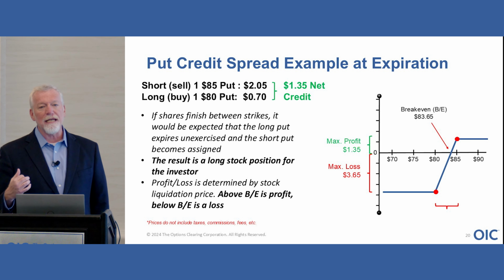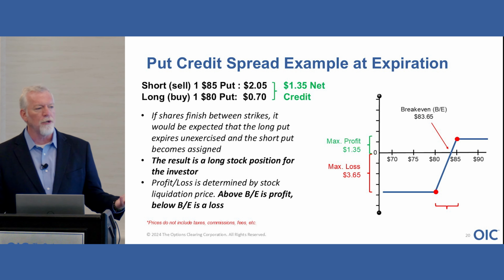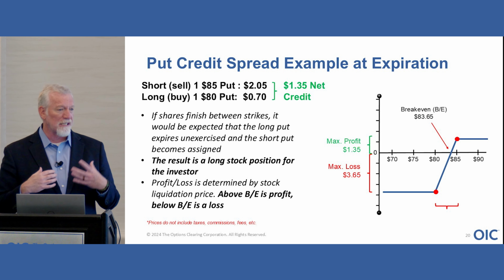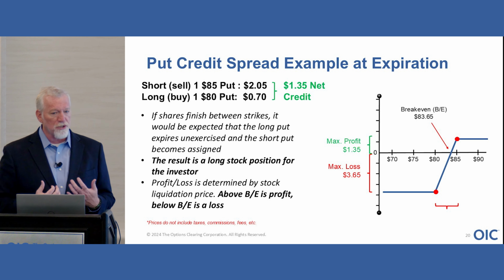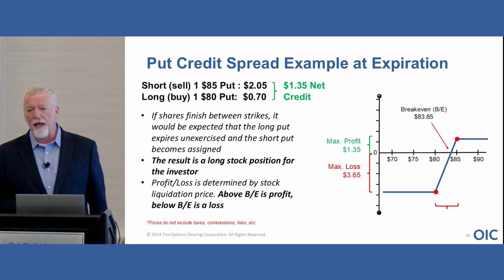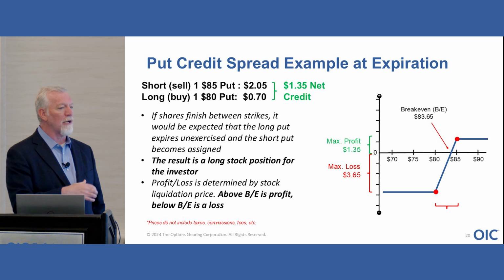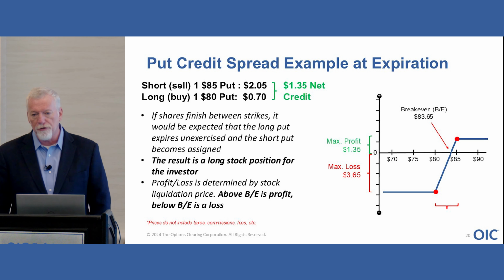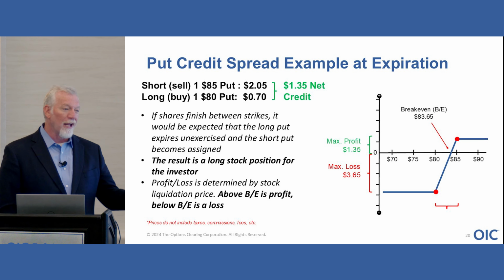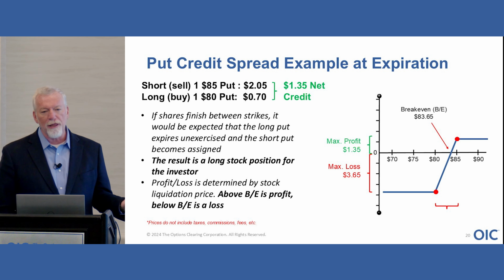My long 80 strike put, I'm not going to exercise that. Sure, I can exercise that long put and sell the shares at 80, or I can just sell them outright at 82.5 in the market where it's trading. So likely that long put is going to expire without value.